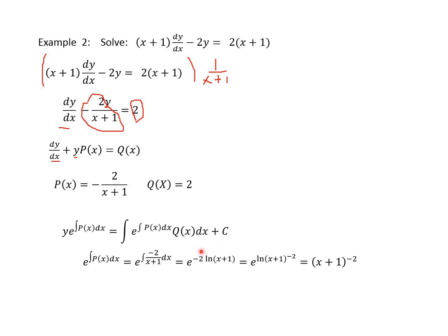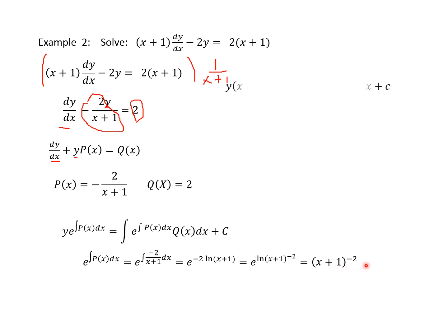Get the integrating factor. e to the integral of P(x) dx is e to the integral of −2/(x + 1) dx. That's the same as e to the −2 ln(x + 1), which is e to the ln of (x + 1)⁻², which is (x + 1)⁻².